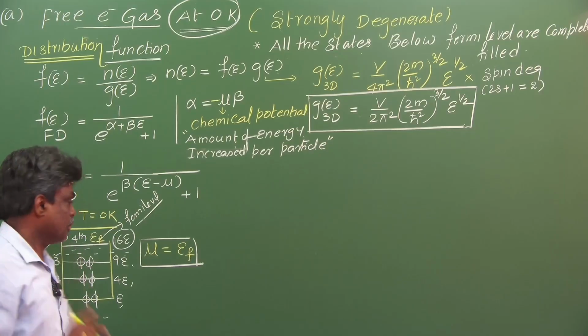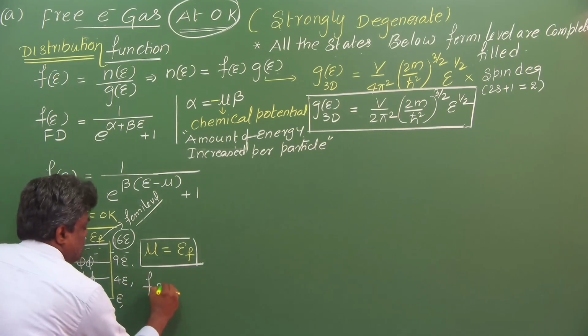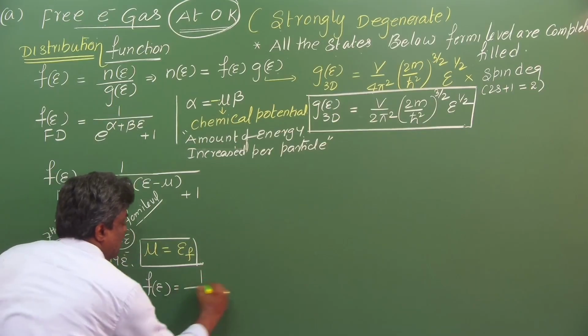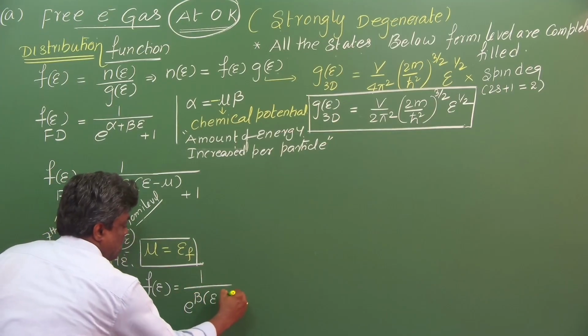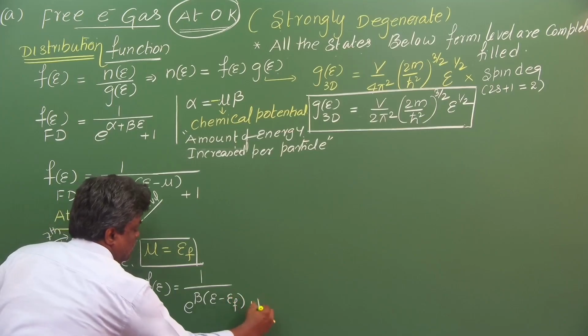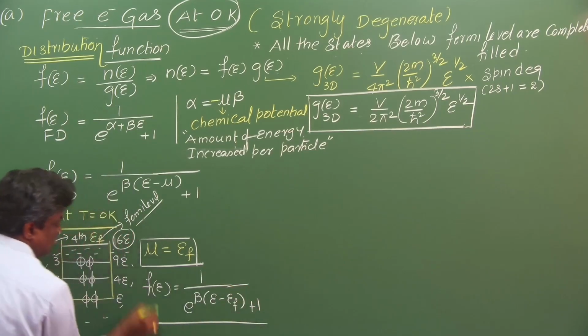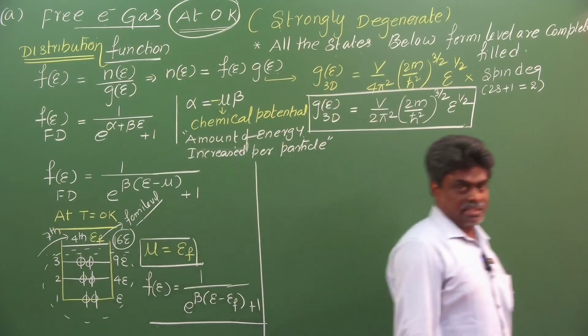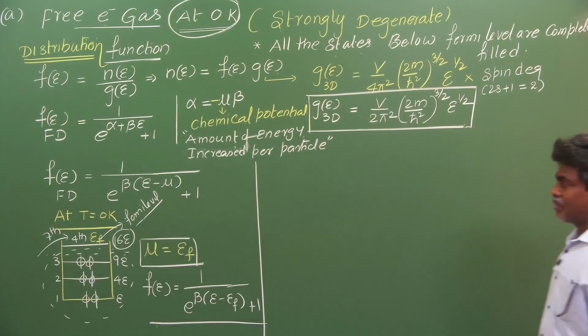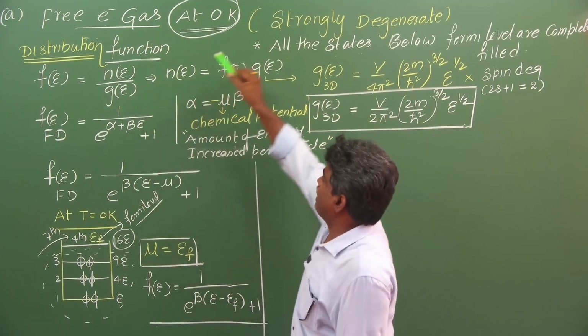So the distribution function f of E becomes 1 over e raised to beta times (E minus EF) plus 1. Which case? The strongly degenerate case.